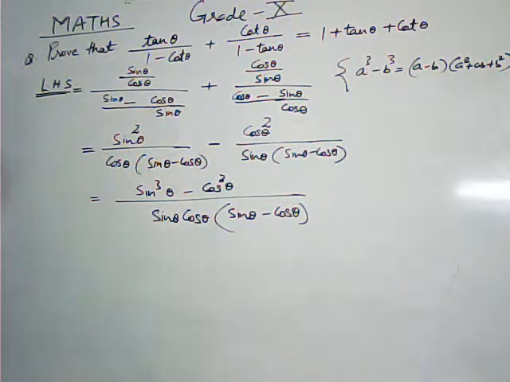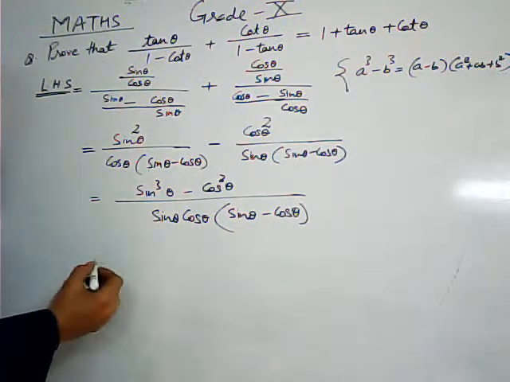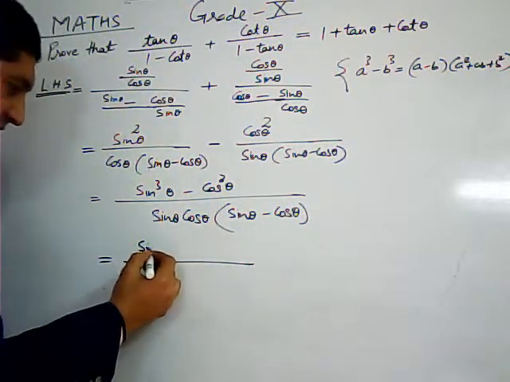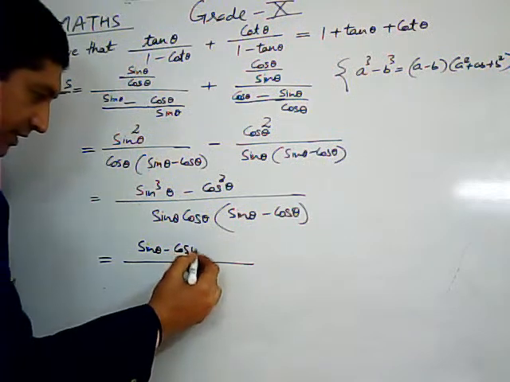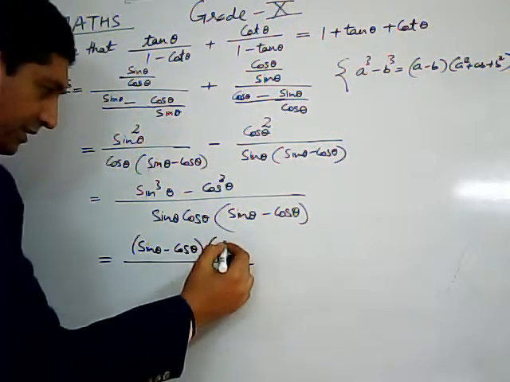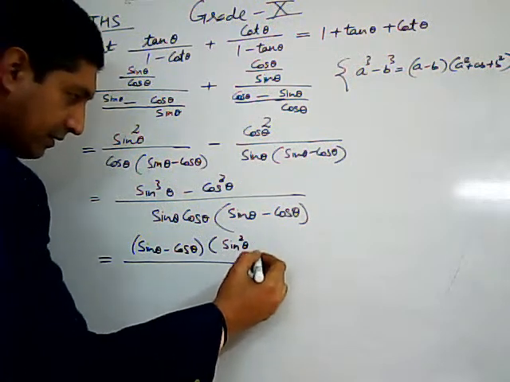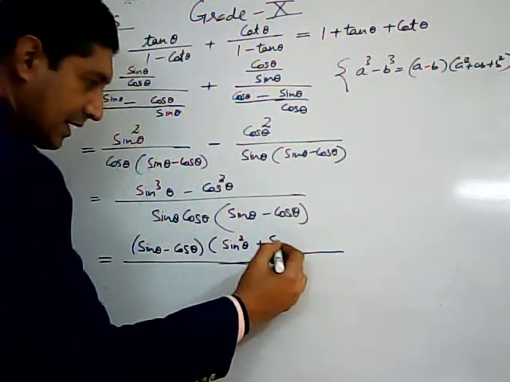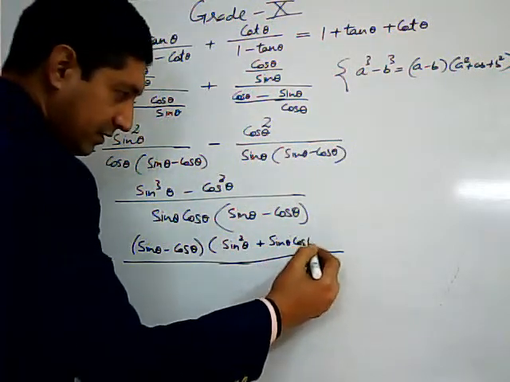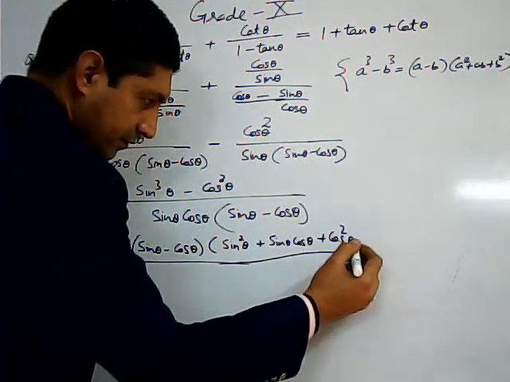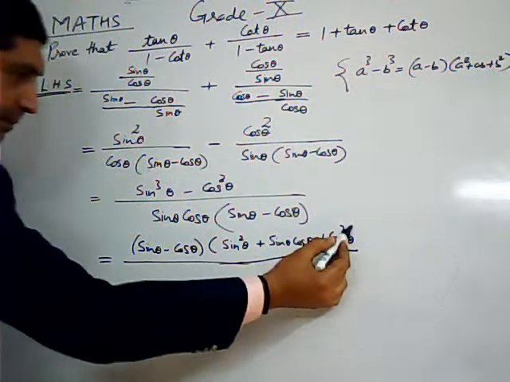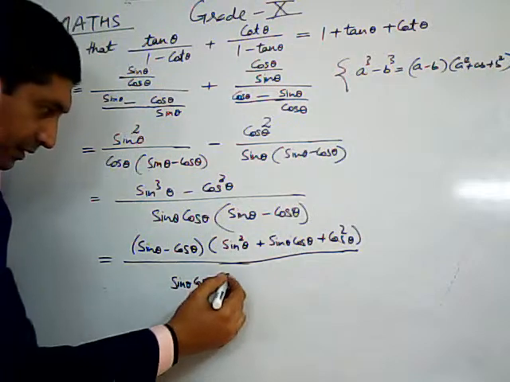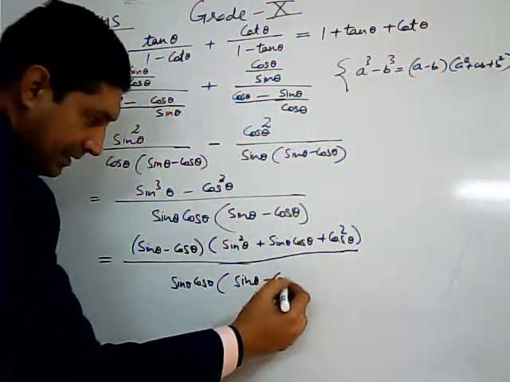So what we got, we can write here that is sine of theta minus cosine theta into sine square of theta plus sine theta cosine theta plus cosine square of theta, right? And the same denominator, sine theta cosine theta into sine theta minus cosine theta.